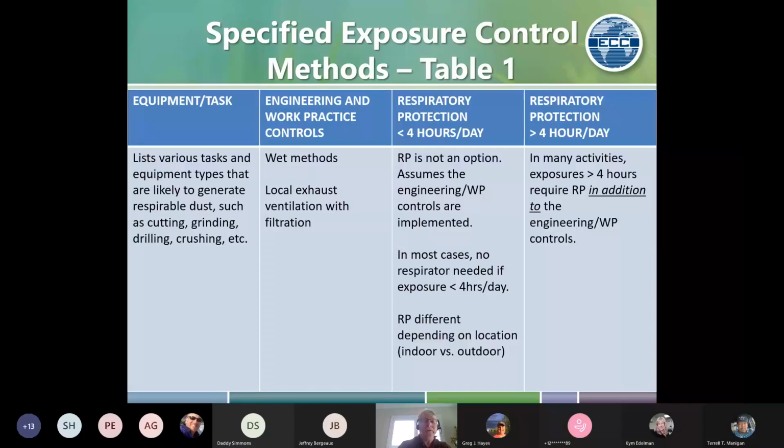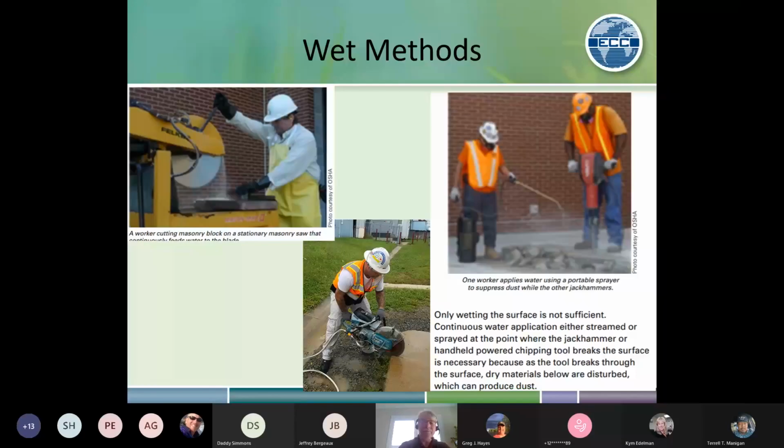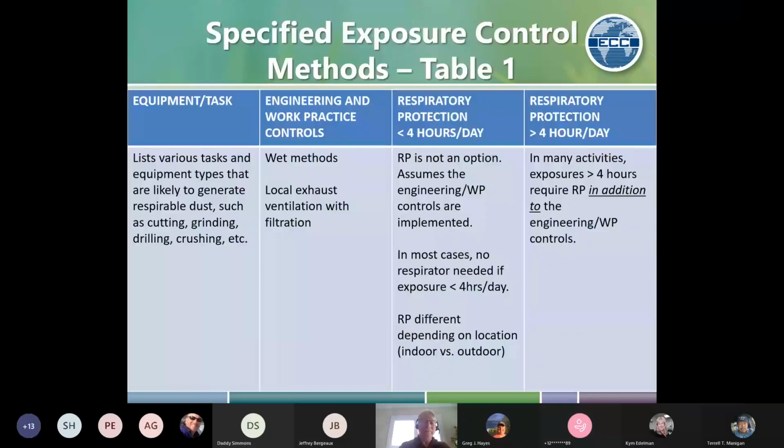So again, that was an example, but the whole table is set up similarly, where you're going to list the task and the equipment, the engineering controls, which are mostly either wet methods or a local exhaust ventilation system, commercially available. The notes on the table say we don't want jury-rigged stuff that has no backing as far as its effectiveness.